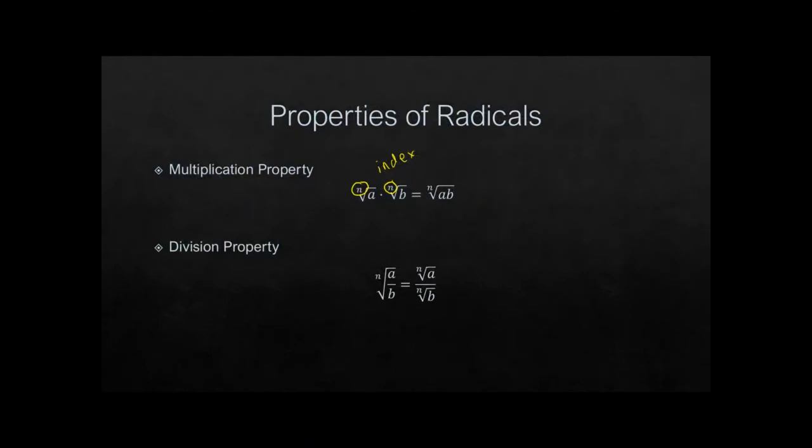If you've watched those other videos, then these slides are going to look very familiar because I'm basically reusing the same introduction slides here. So we've got the multiplication property of radicals where the square root symbol in general is called the radical symbol. And if there's a number right above the V part, usually we don't write a number for the square root, we leave it off.